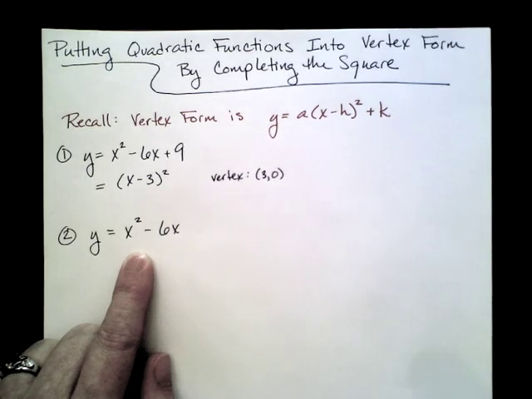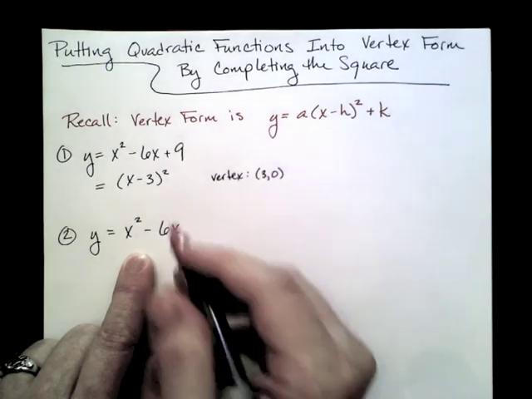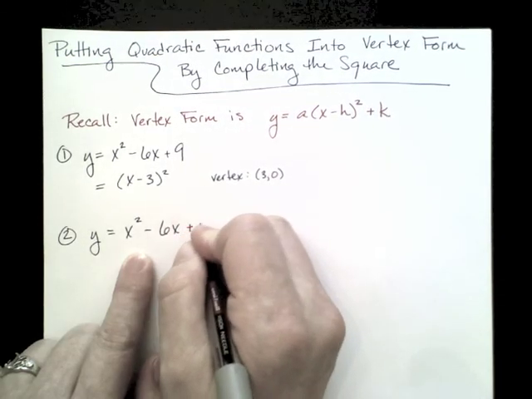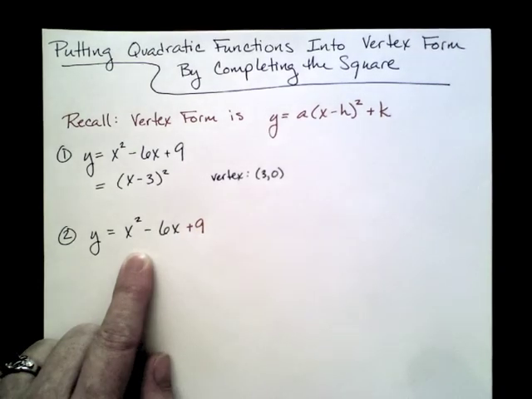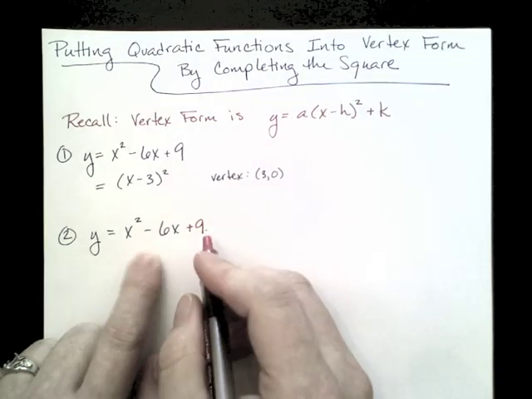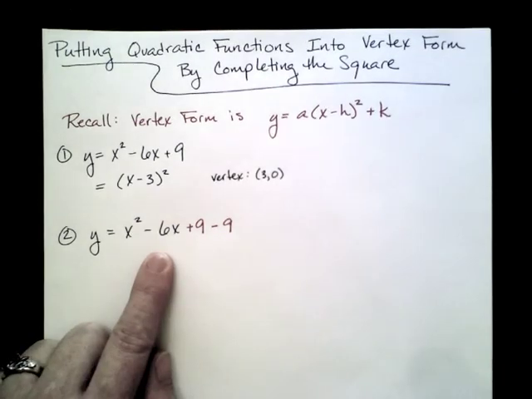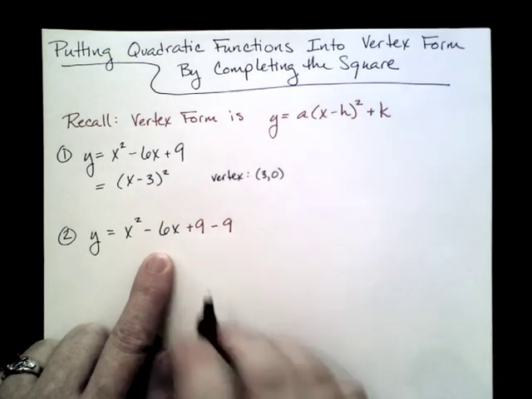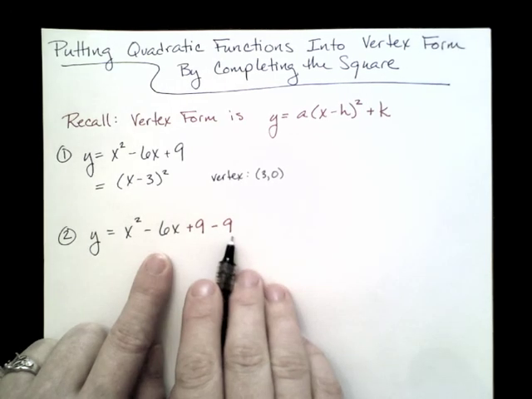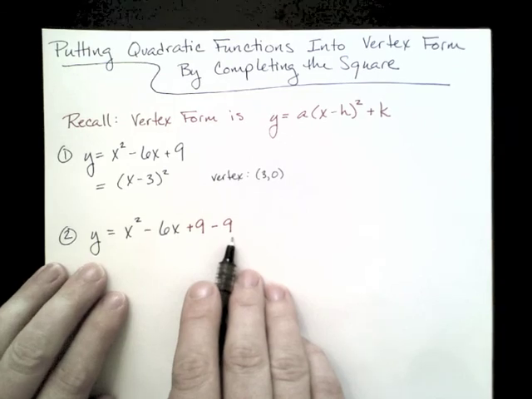So here, I can add in a 9, but I can't just add in a 9 because I don't want to change the value of the function. But if I add in a 9 and subtract a 9, really, I've got a fancy form of adding 0 there.